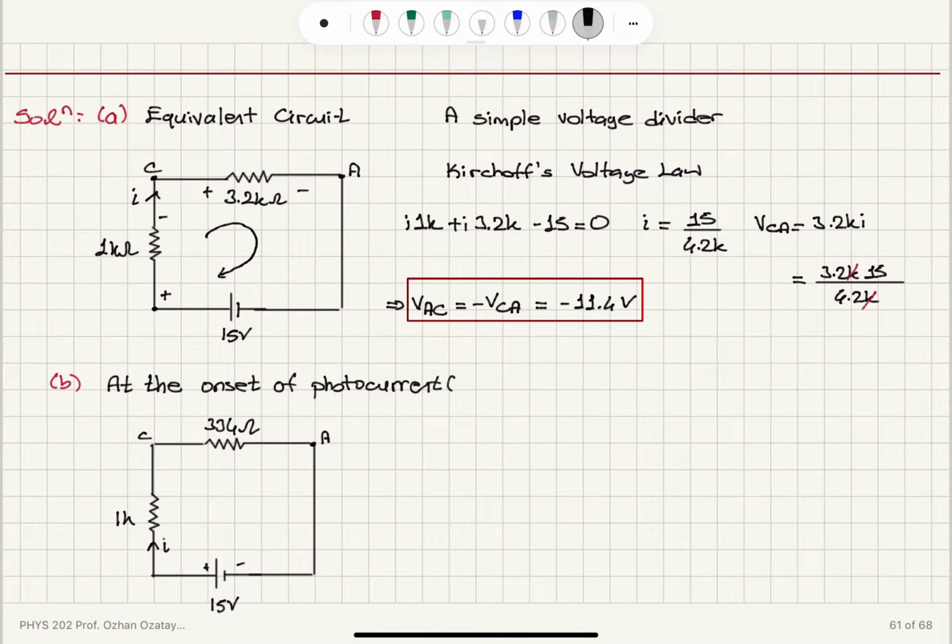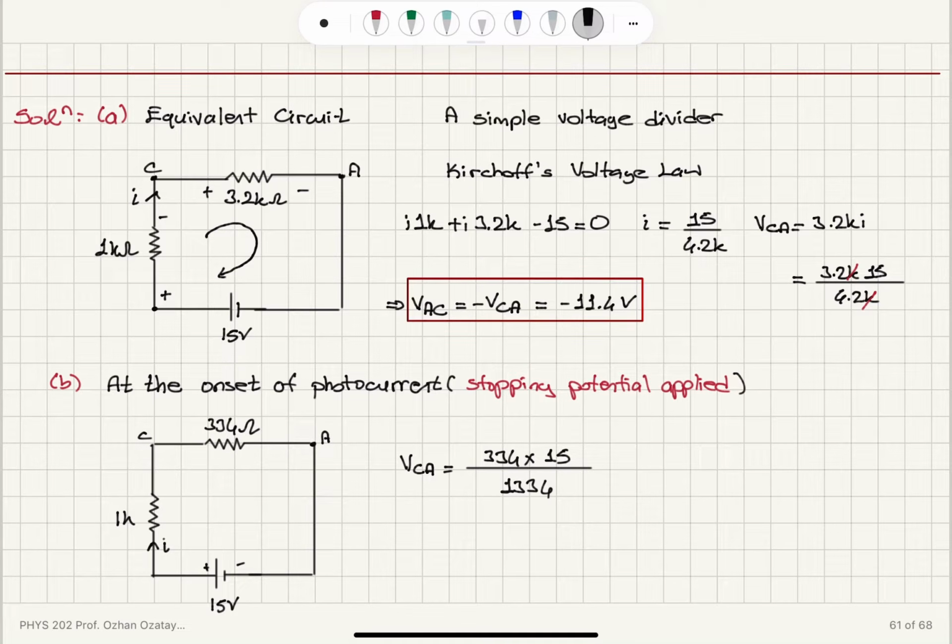So what does that mean? Basically, that means we have a stopping potential applied. So again, using our simple voltage divider circuit, we can see that the voltage of the cathode with respect to the anode is 334 ohms times the current, which is 15 volts divided by the total resistance, 1334 ohms.